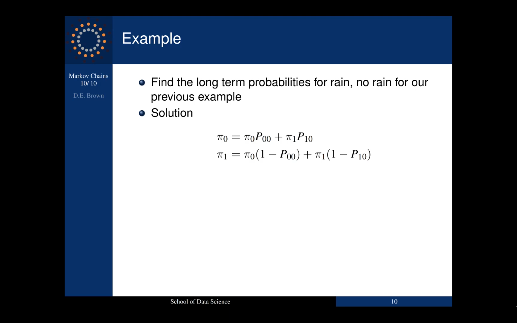The weight on pi 0 in the first equation is the one-step transition probability from state 0 to state 0. In the second equation, it's the transition probability from state 1 to state 0, written in terms of its converse, 1 minus the probability of going from 0 to 0.